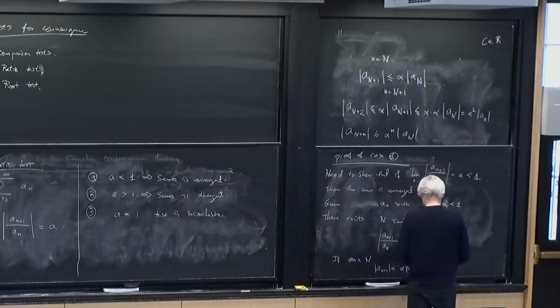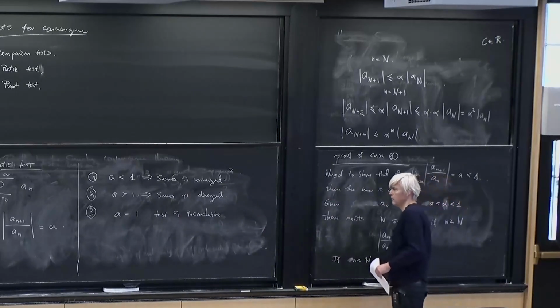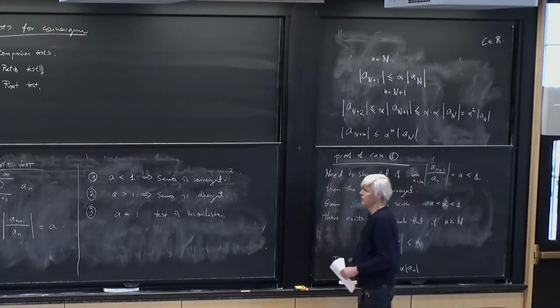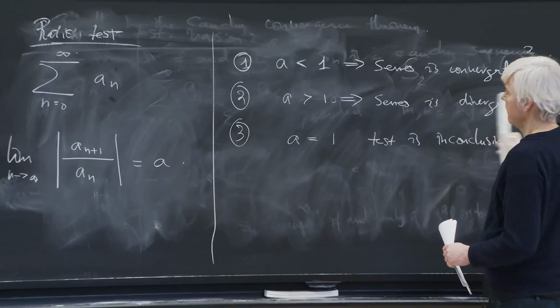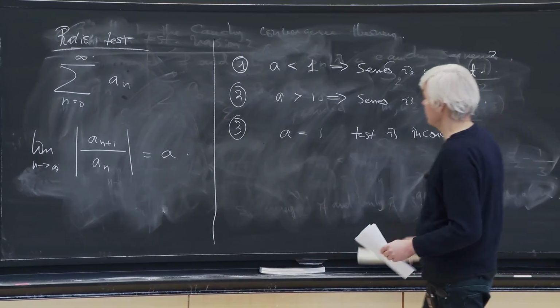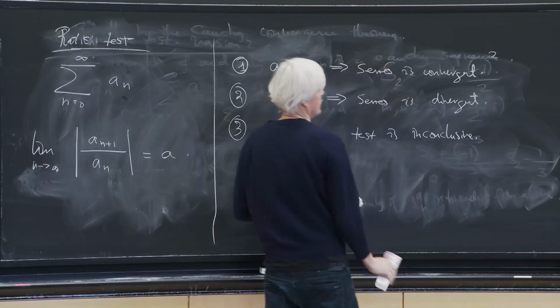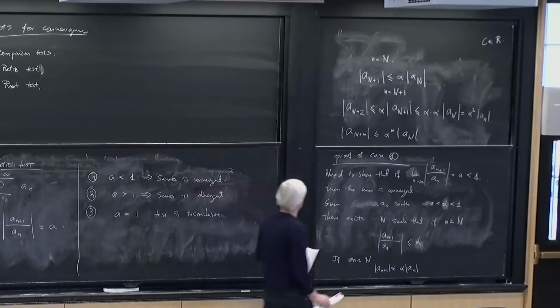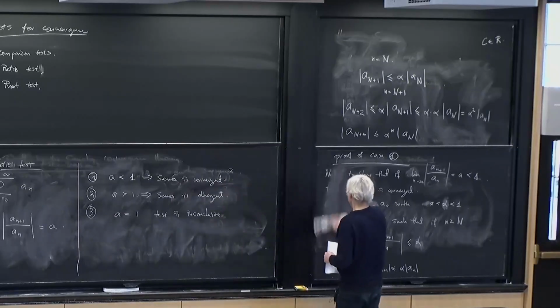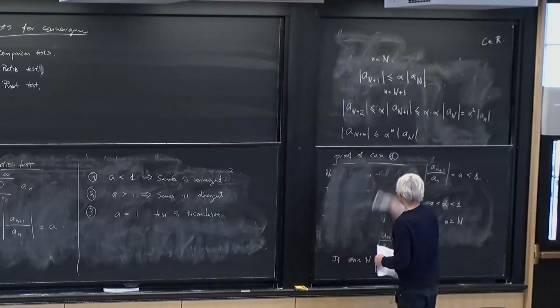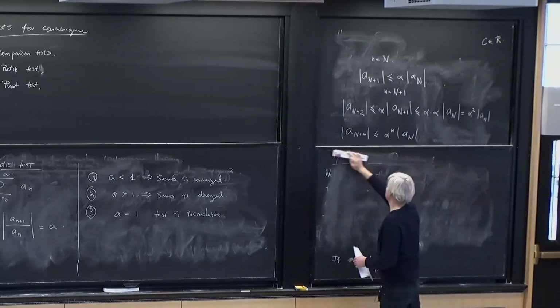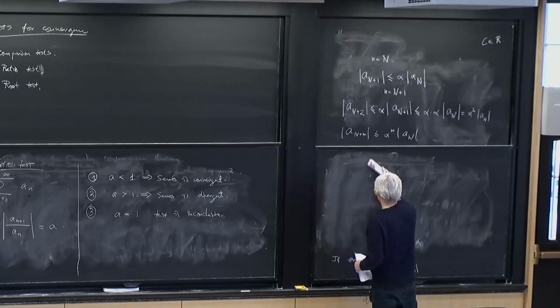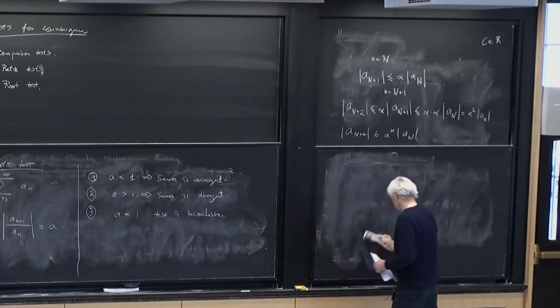And so, of course, this proves 1. 2 here is really kind of the same. To show the second part, the third one, to prove it's inconclusive, there's nothing to prove, because it leaves open any possibility.